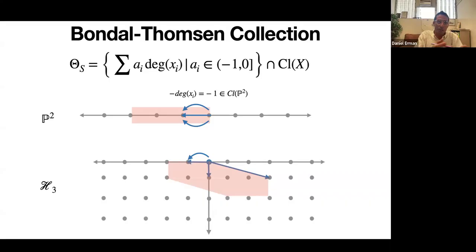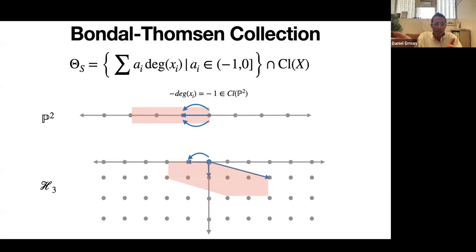So it goes like this. You take combinations of the variables: I'm going to take the degrees of the variables and multiply them by coefficients between -1 and 0, half open intervals. What you'll get is a half open polytope, like a half open version of the Koszul complex.